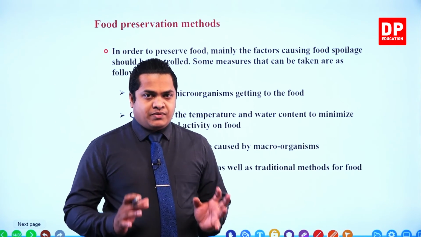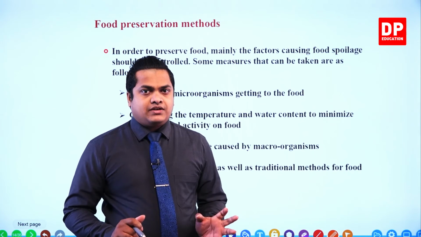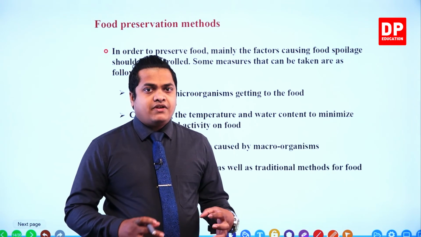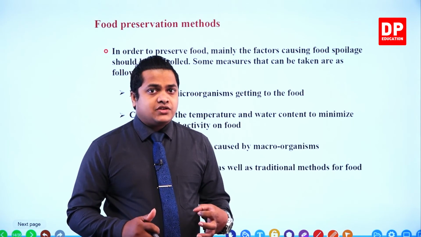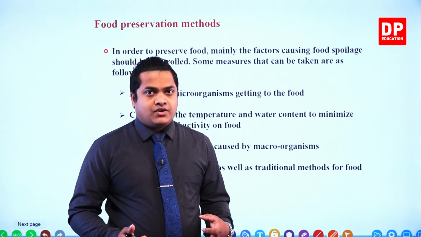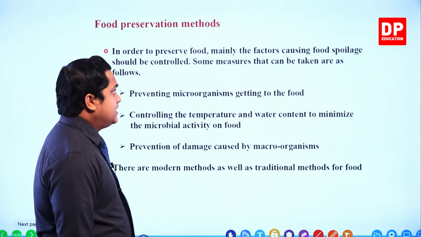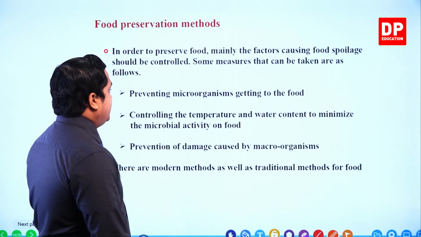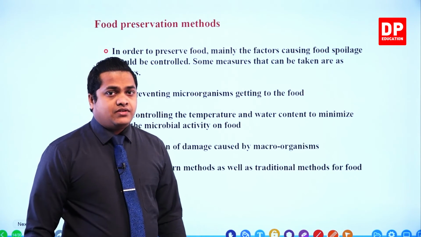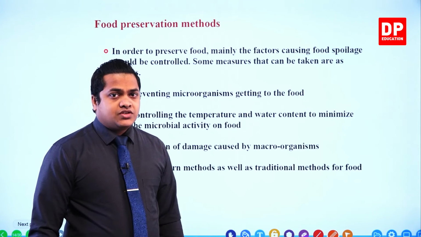We have to control the causative agents for food spoilage. First of all, we have to stop those things. Then some measures that can be taken are as follows. So we can take the following measures to preserve food.